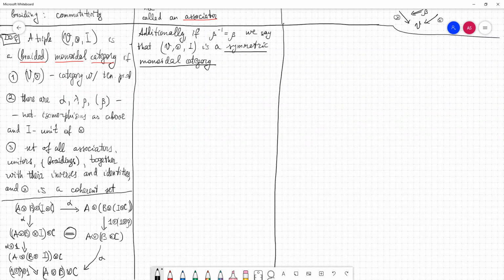So in a symmetric monoidal category, applying braiding twice will return us the original object.